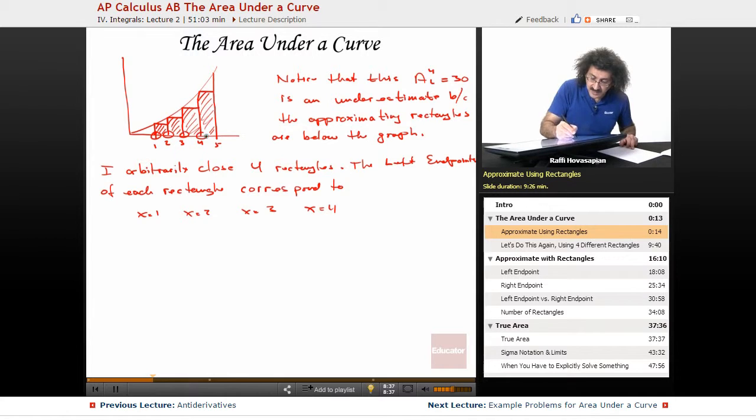Left, left, left, left. Of the points that I can choose in my domain, I chose left endpoint starting from the left.